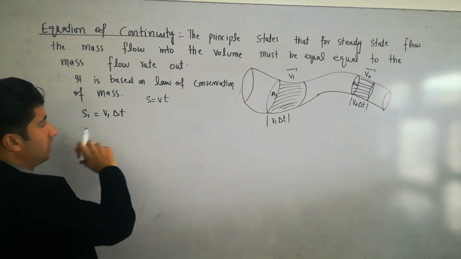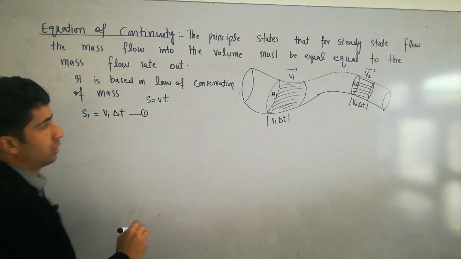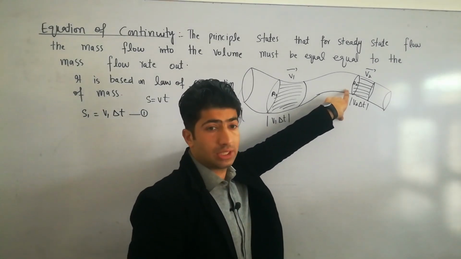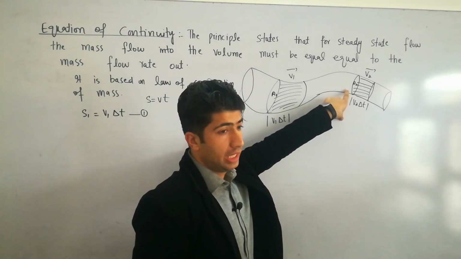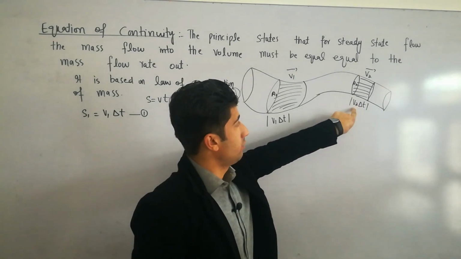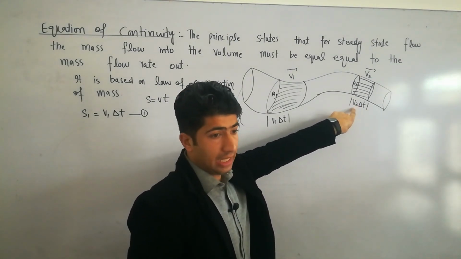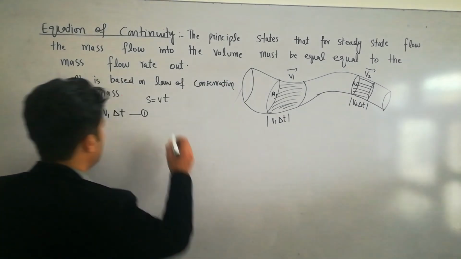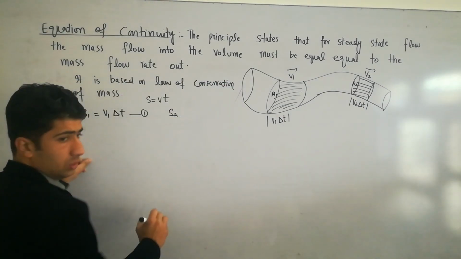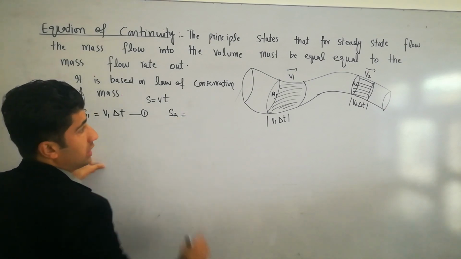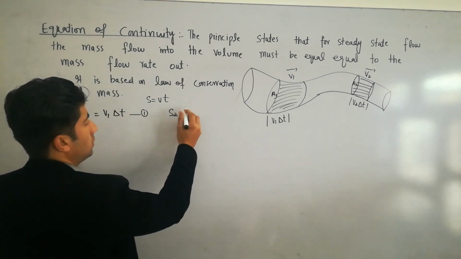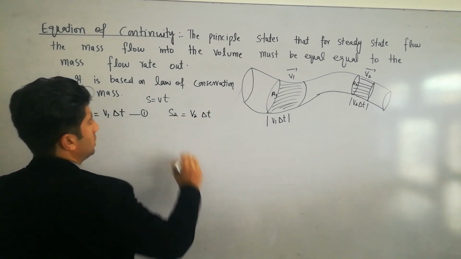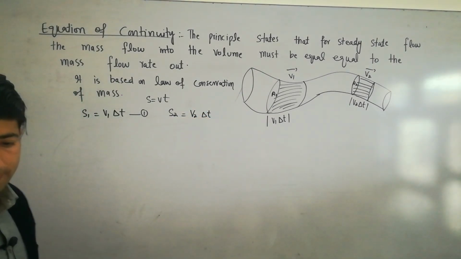Let's say this is equation number 1. Similarly, the fluid which passes through area A2 with a speed V2 covers distance S2, and that S2 is equal to V2 delta T. Understand?